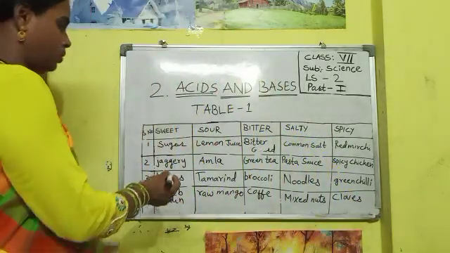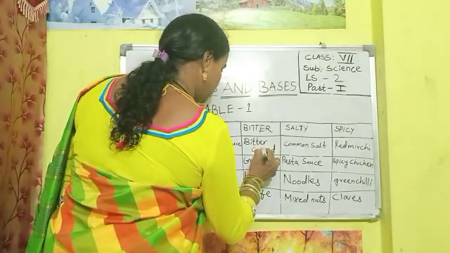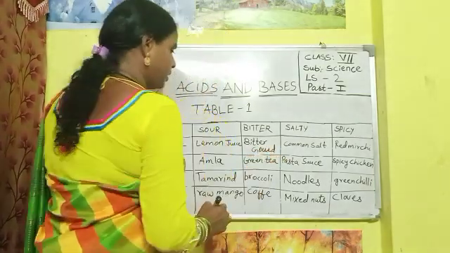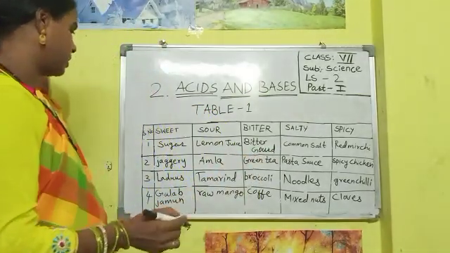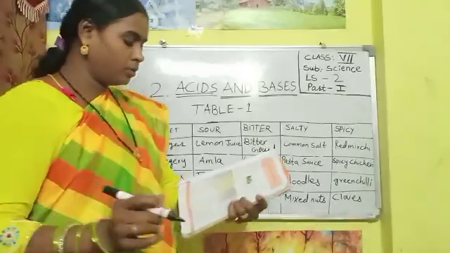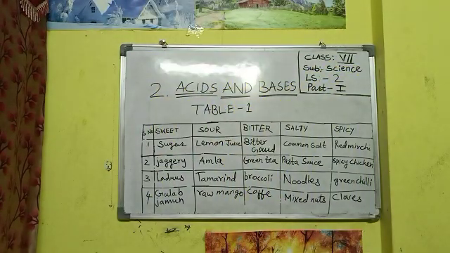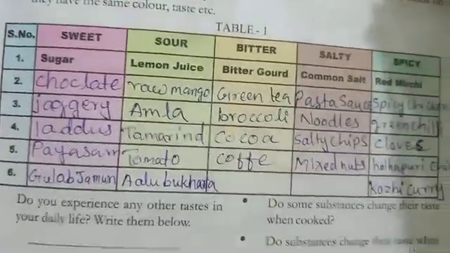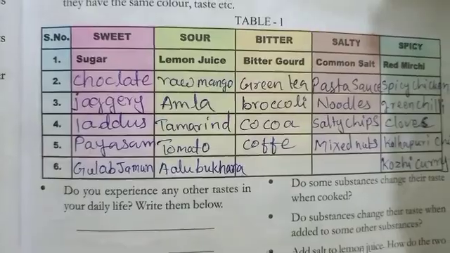So you also write bitter gourd. Write down children, in the notebook and in the textbook also you have to copy like this. See children, how I copy. In the textbook also you have to copy.